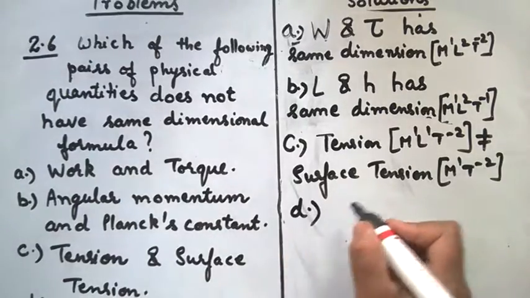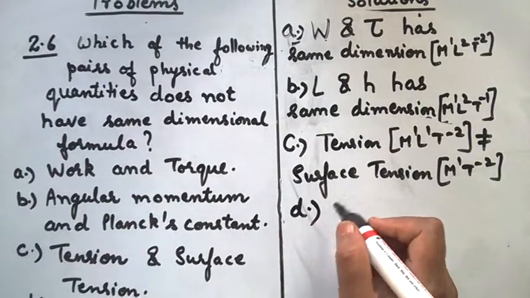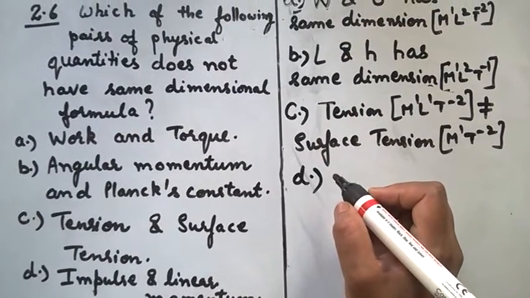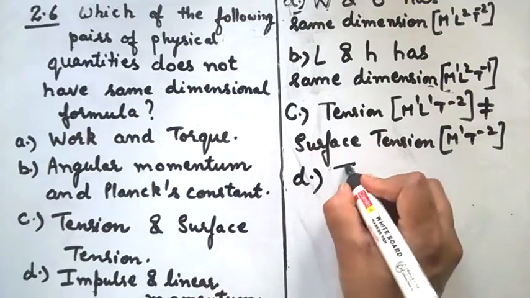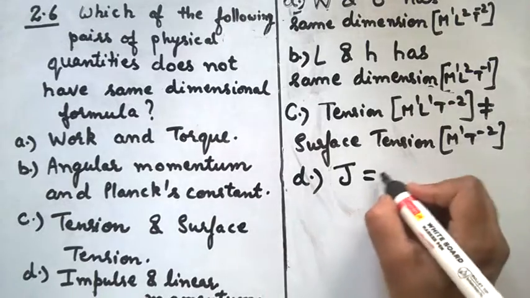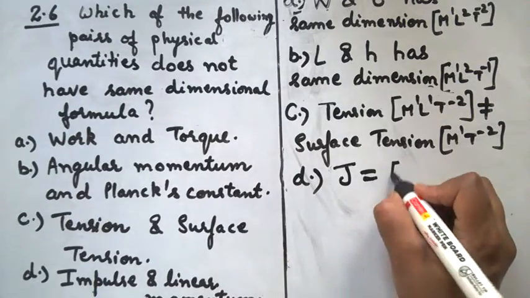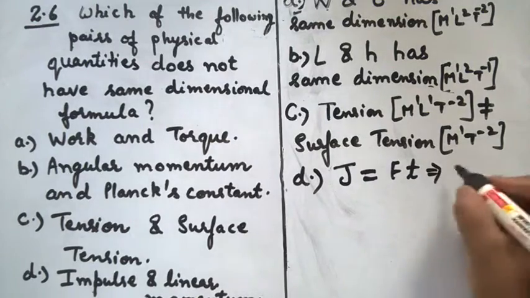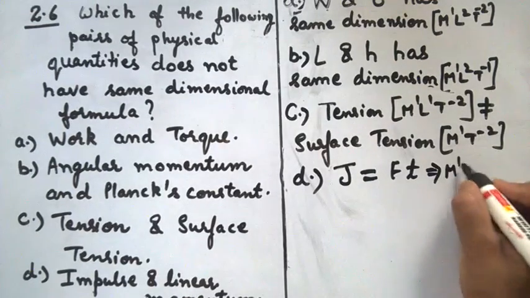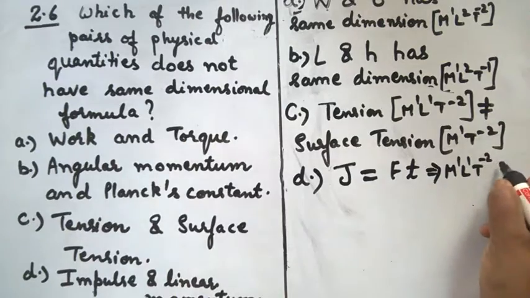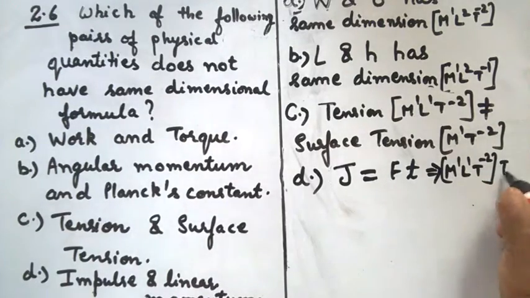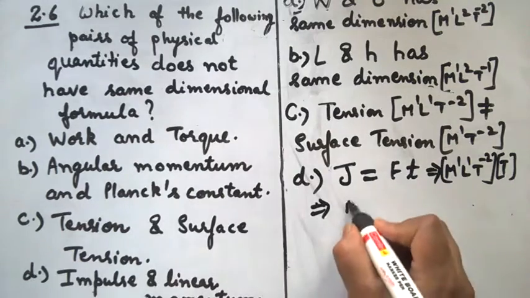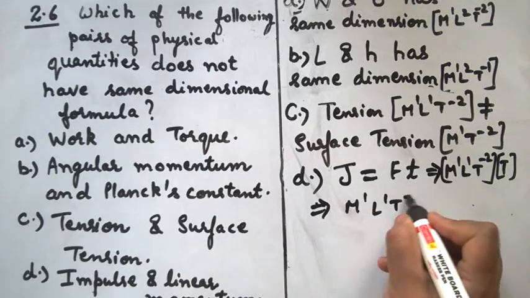Next one is impulse and linear momentum. Impulse is denoted as J, and it is equal to F into T, that is m1 L1 T minus 2 into T, that is m1 L1 T minus 1.